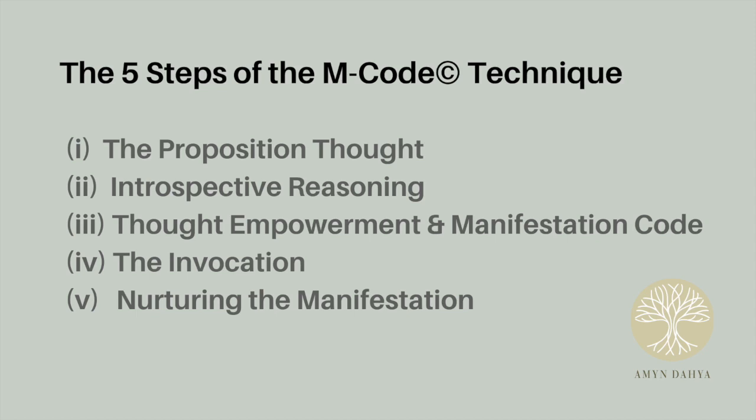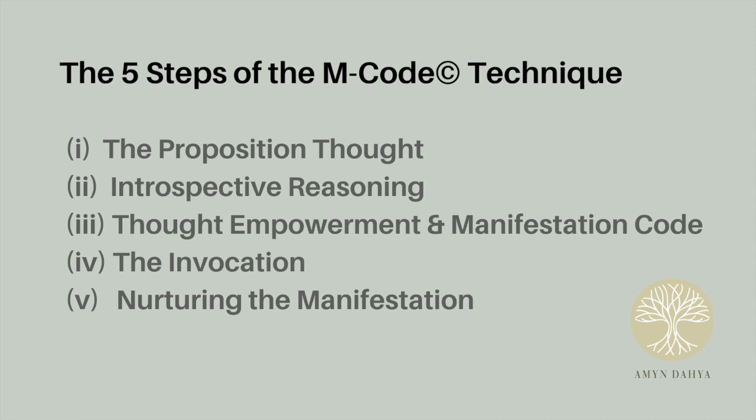Step 3, we then empower our proposition thought through a contemplation of our objectives. What are we seeking to achieve? And adding seeds of high vibration, positive thoughts to our proposition, and they come out from our objectives. Next, we add the appropriate manifestation code to the proposition to engage it with nature and its delivery mechanisms, thus giving it the greatest power possible.